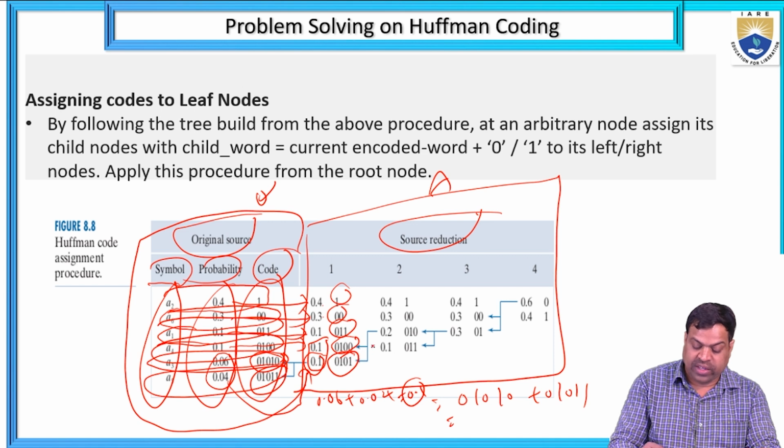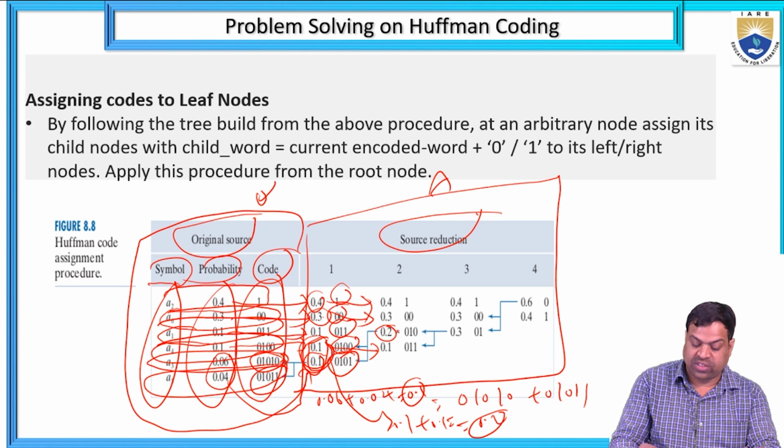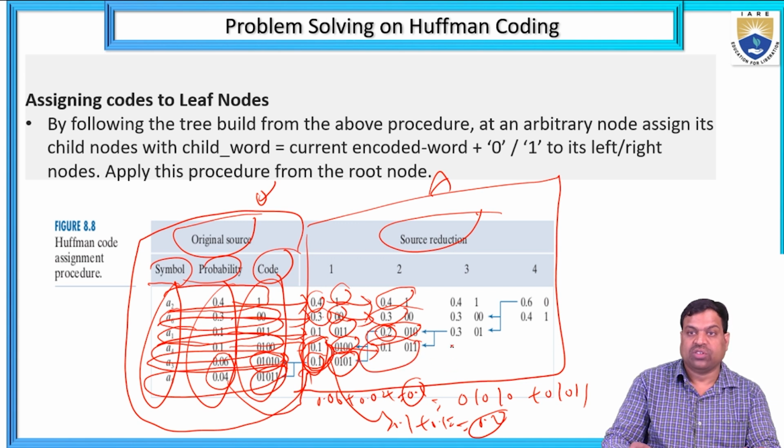So here the 0.1 I am writing here. 0.1 plus 0.1 is 0.2, 0.3 and 0.4. It is like this. So this value is 1, 00, 010 and 011. Next, bottom two values.